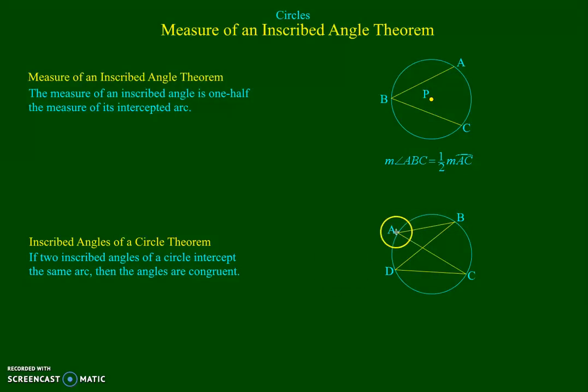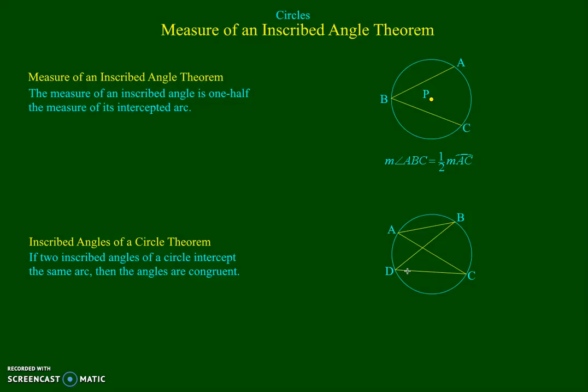So you can see here that angle BAC is intercepting arc BC, and angle BDC is intercepting the same arc. Well, if this angle is 1/2 this arc, and this angle is 1/2 this arc, then obviously this angle and this angle have to be the same angles.